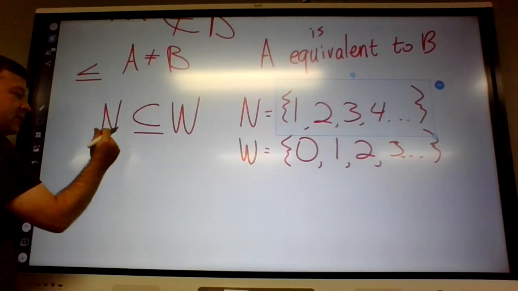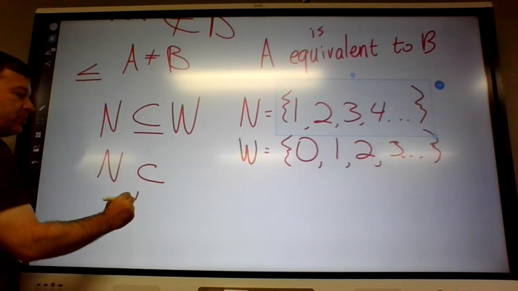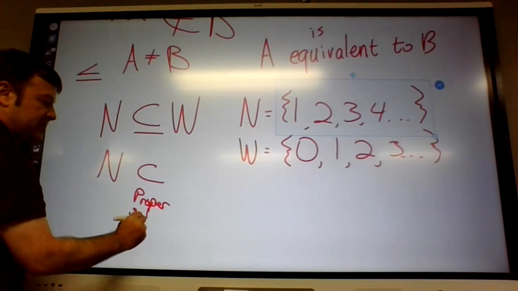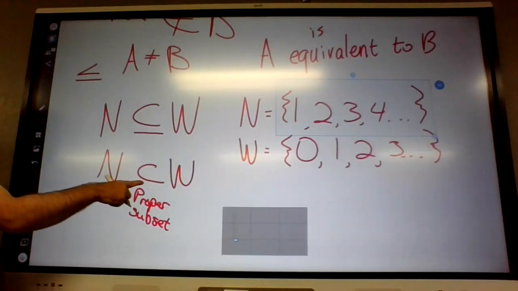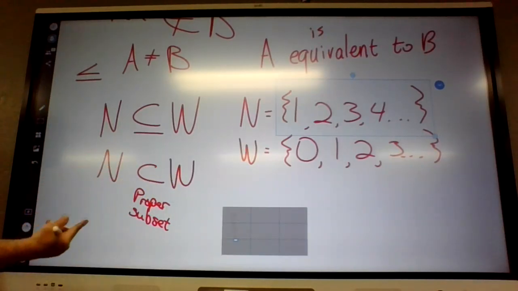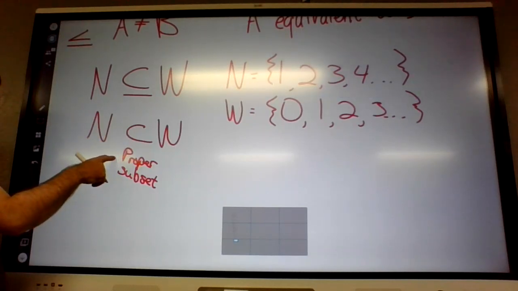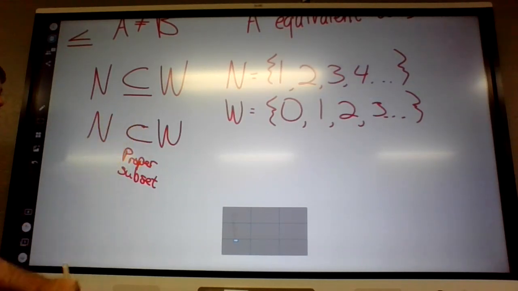If they don't have that symbol underneath, this is called a proper subset. And it's proper because it's just not equal. Sub kind of means less than, right? It's below. So if it doesn't have a line underneath, that's called a proper subset. That just means that they're not equal.